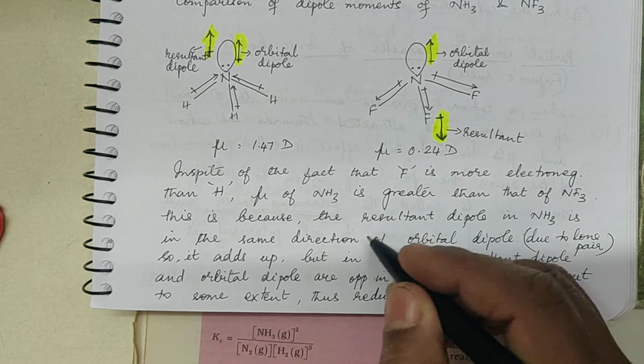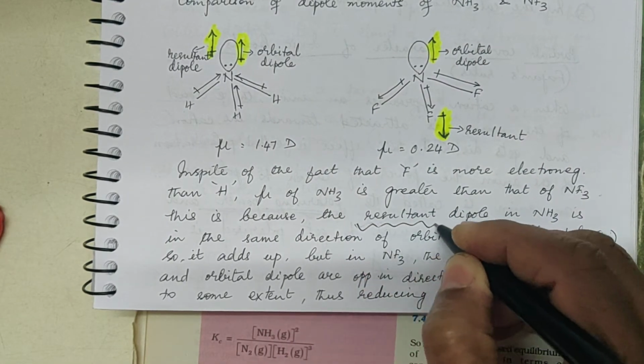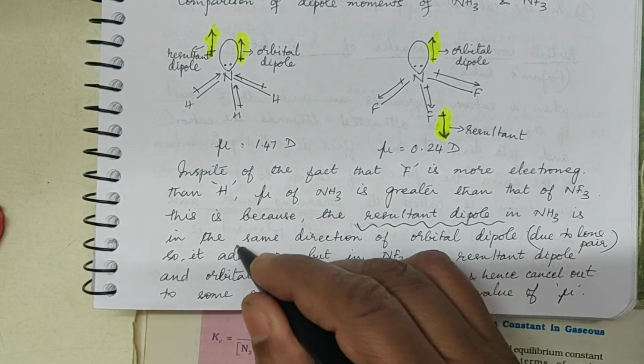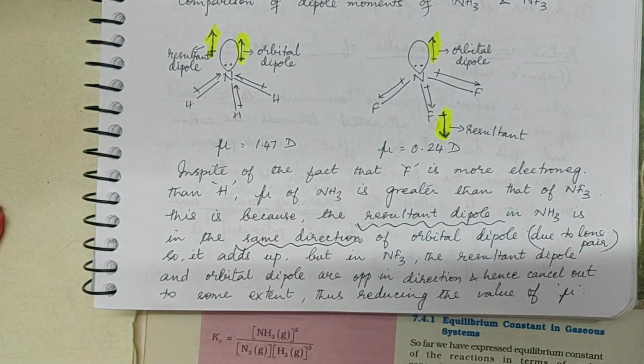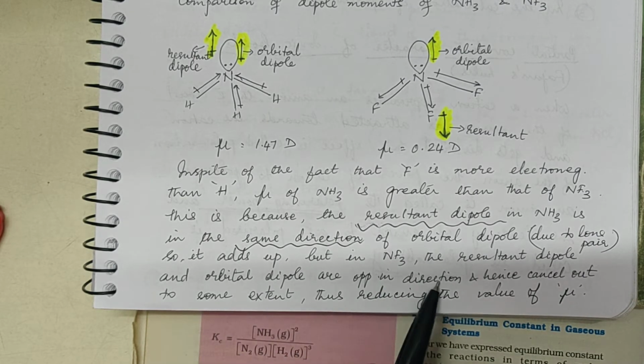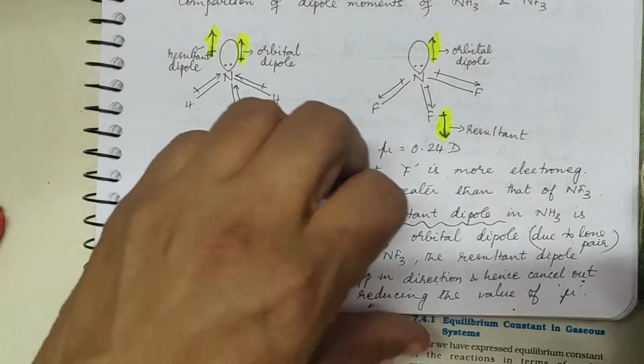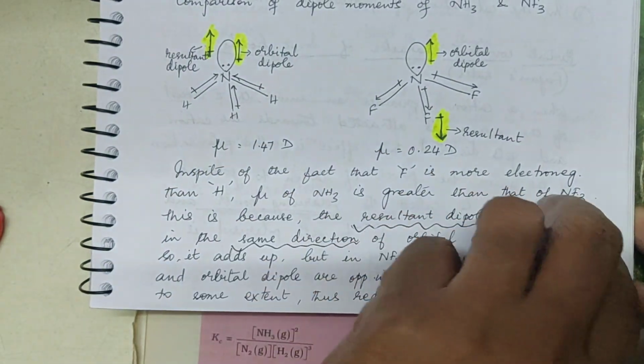This is your key sentence. In the same direction, so it adds up. But in the case of NF3, the resultant dipole and orbital dipole are in opposite directions and hence cancel out each other, thus reducing the value of dipole moment.